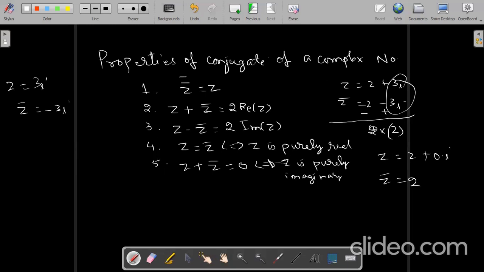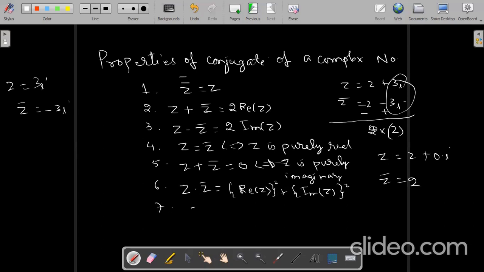Okay. Similarly, if you multiply a number with its conjugate, then you can write the square of the real part plus the square of the imaginary part directly. You can take one example and you will find this result. Okay.